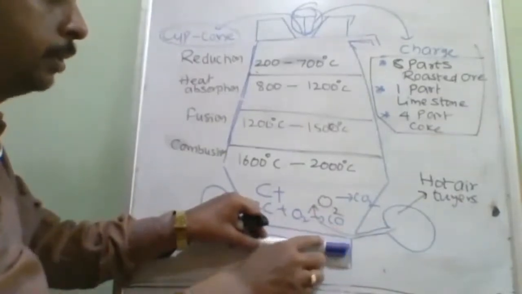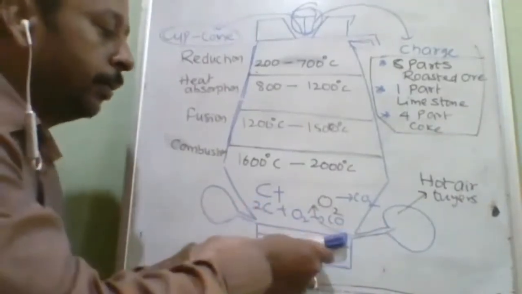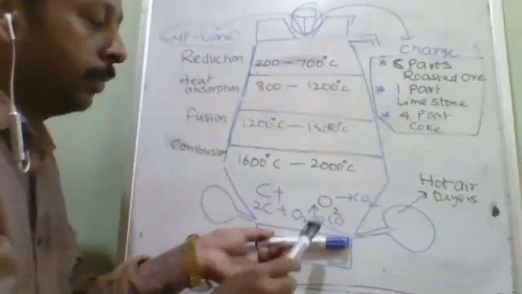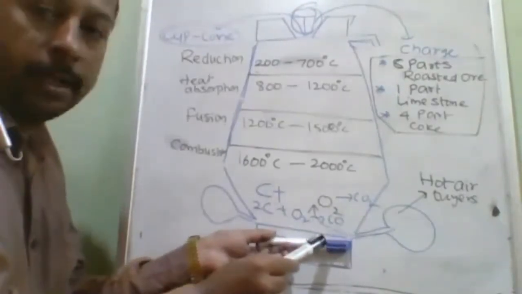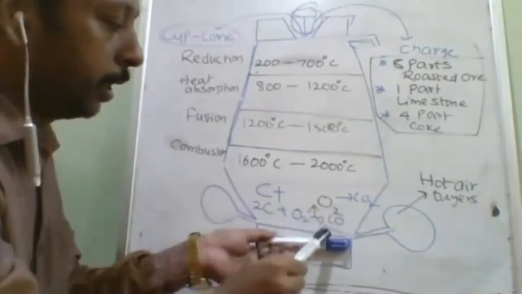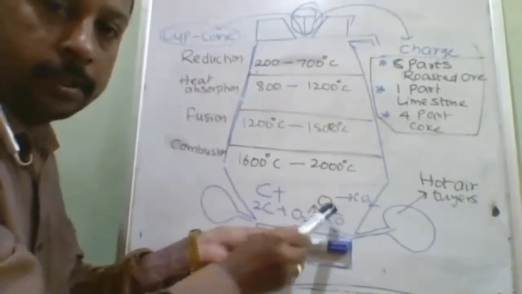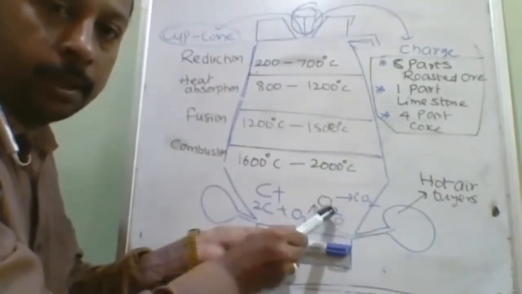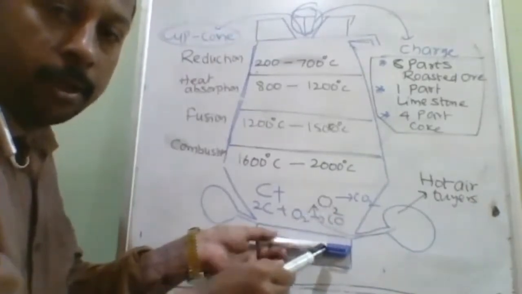If it feels like reacting with our more reactive iron, oxygen is here and iron is here. So there is a chance of reaction of this oxygen from the hot air with the molten iron.